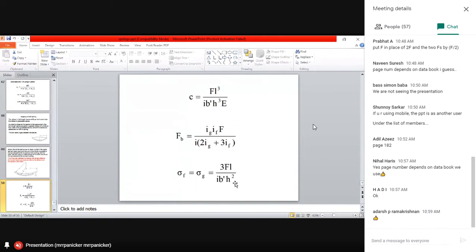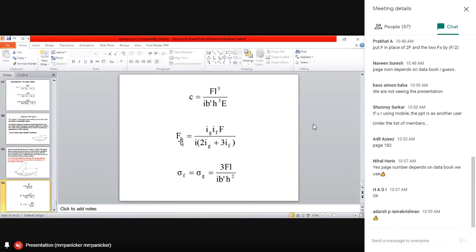Same stress, sigma F is equal to sigma G is equal to 3FL by i B dash h square. Here i is the total number of leaves, B dash is the width, and h is the thickness. The bolt load is also given in the data book. Bolt load FB, that is the initial bolt load.